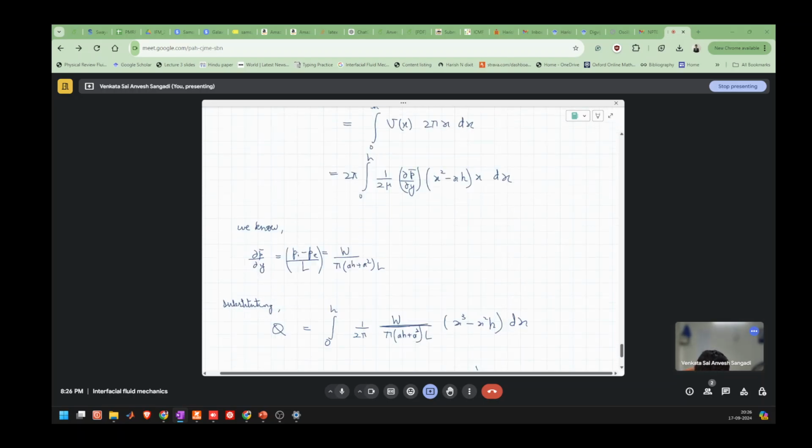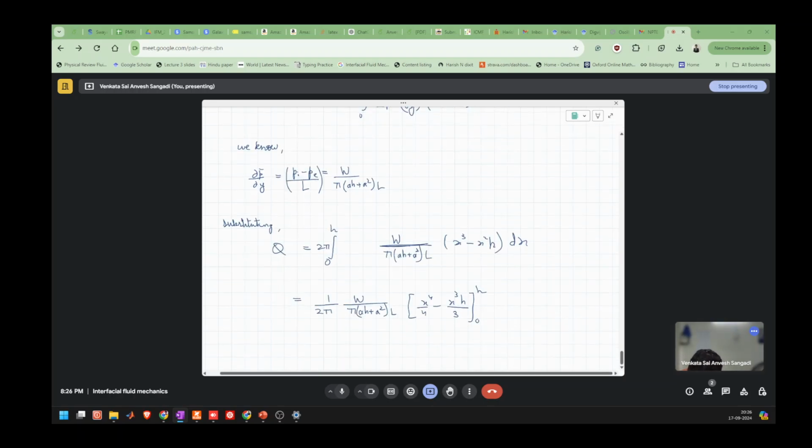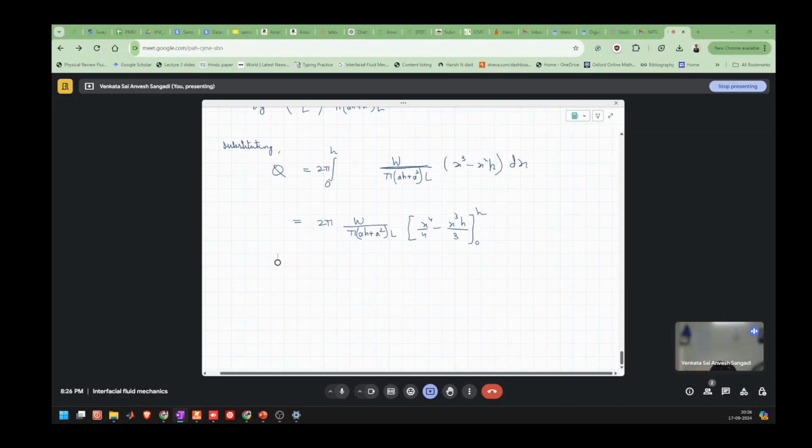Sorry, I switched the 2 pi. 2 pi comes in the numerator. So this is equal to, pi gets cancelled, w by a h plus a square into L times h to the power 4 by 12.